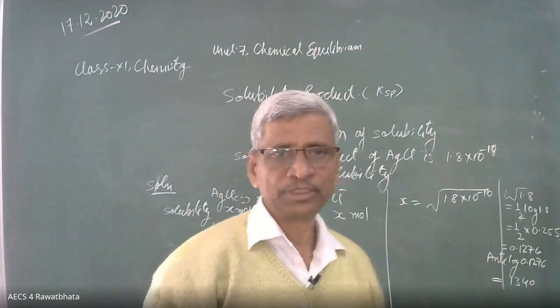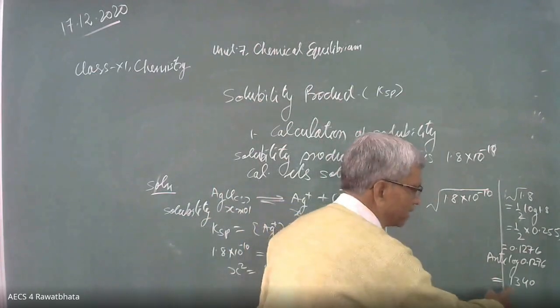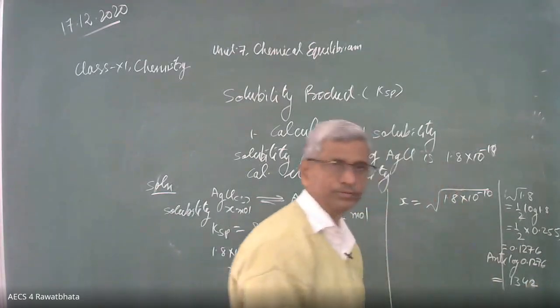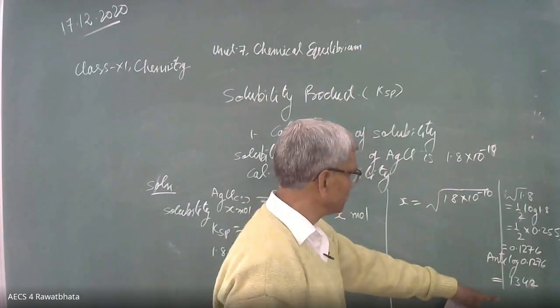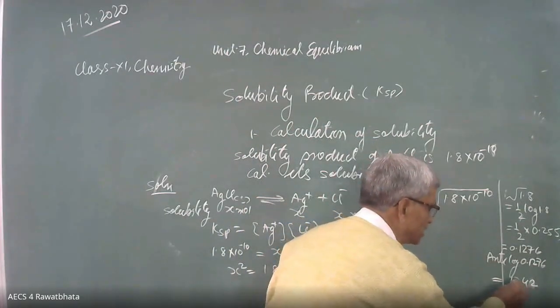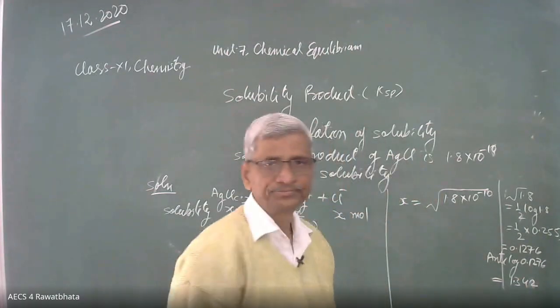It is 2. इस 2 को इसमें ऐड करना है. 1340 becomes 1342. लेफ्ट से 1 डिजिट छोड़कर डेसिमल लगा दीजिए.